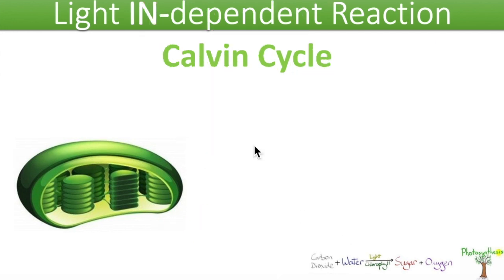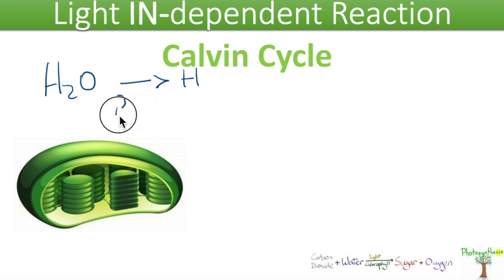Now the second part, and the final part, should I say, of photosynthesis reactions, is what do we do with the carbon dioxide? What's going on with that? Well, we said already that the water generated hydrogen, and it also gave off oxygen. We need to now combine that hydrogen with the carbon dioxide to make sugar.